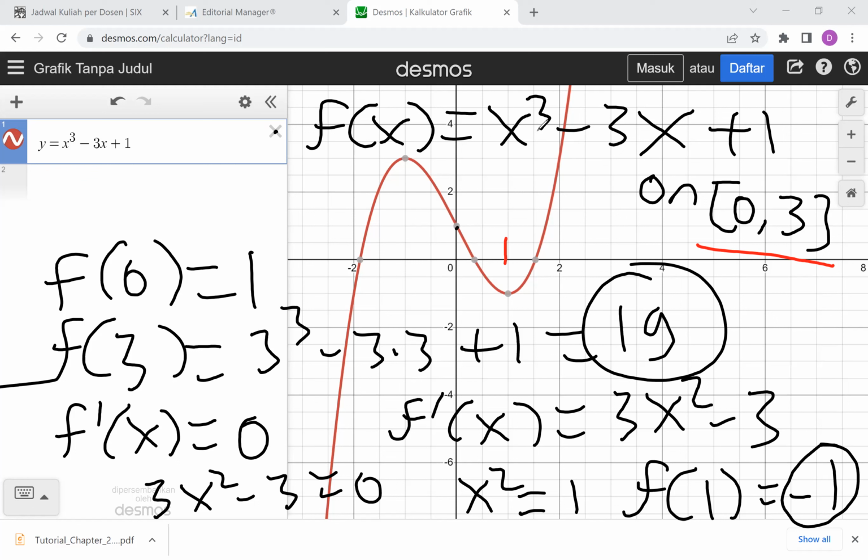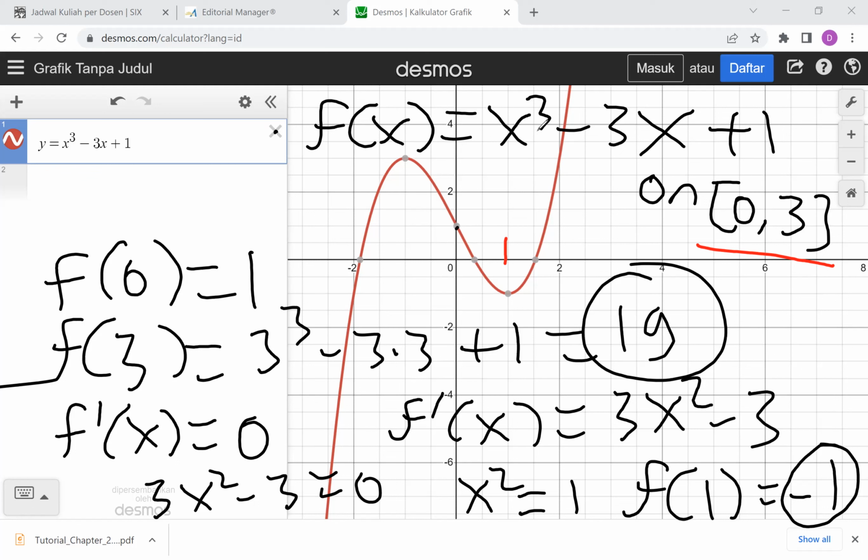So in this case, although the solutions to the equation f prime of x equals 0 are x equals 1 or x equals minus 1, be careful: we do not include x equals minus 1 because it is outside the interval [0, 3].